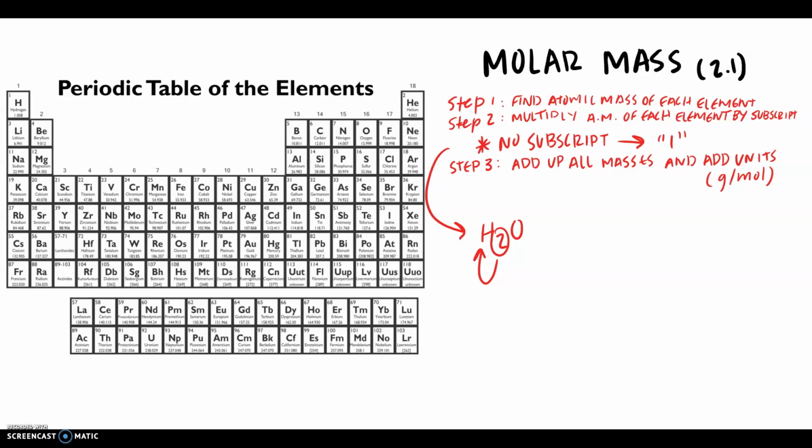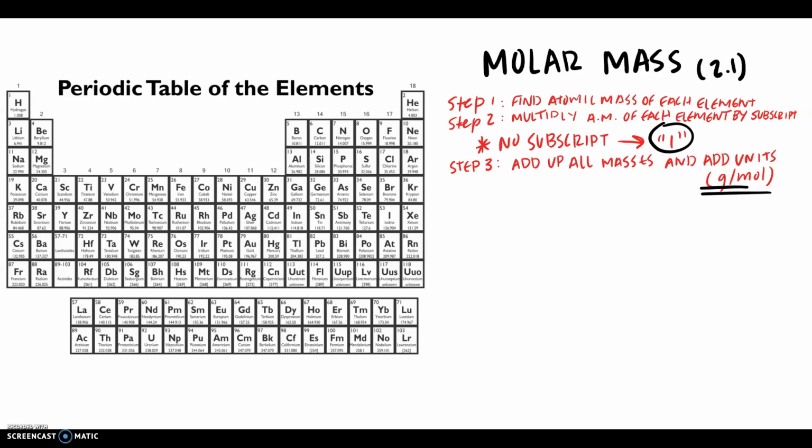However, oxygen doesn't have a subscript near it, right? Whenever it's missing a subscript, all this means is that there is only 1 atom of that element in this molecule. And then lastly, we have step 3, which is add up all the masses and add units. And the units that we talked about were grams per mole.